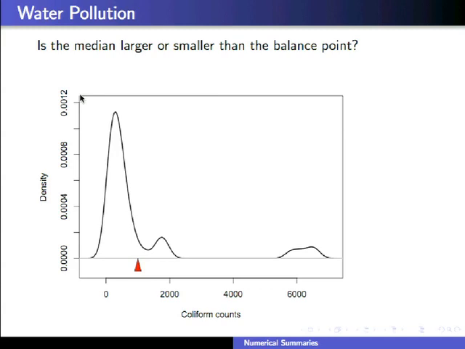Yes? And how much smaller do you think? About 200 or 300? This other red one is 400. So is it to the left of that? It's even smaller? Actually, it is 400. So the first red triangle I put up there is actually the median, and the second one's the mean, and the last one's just an extra point.